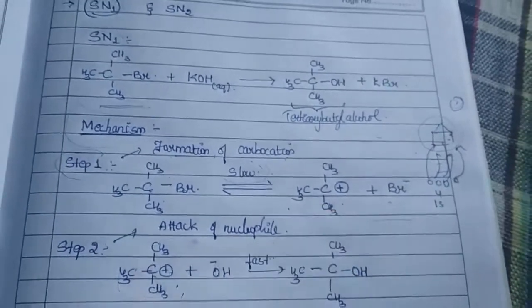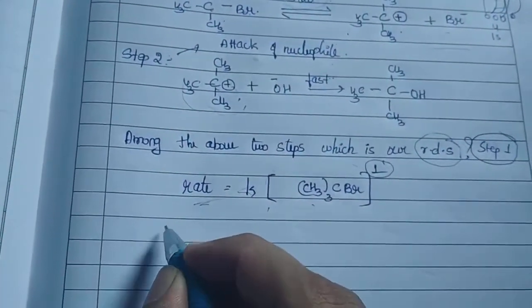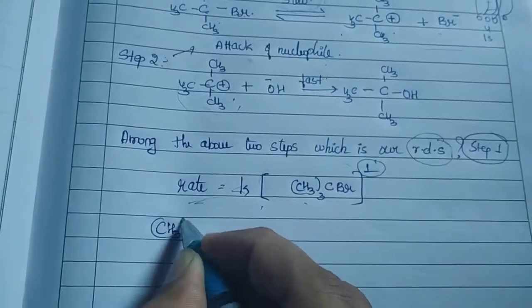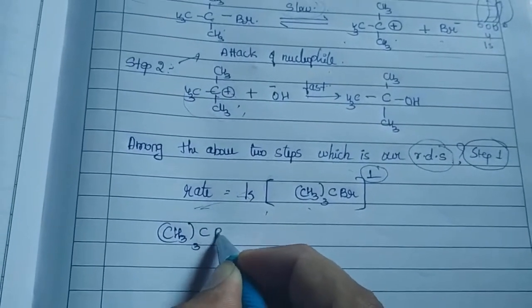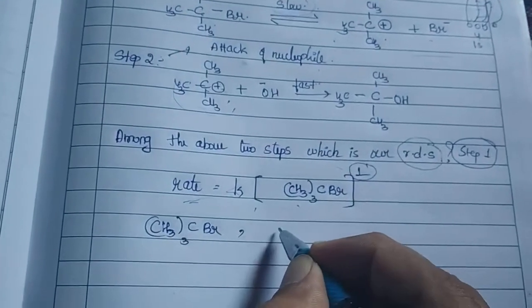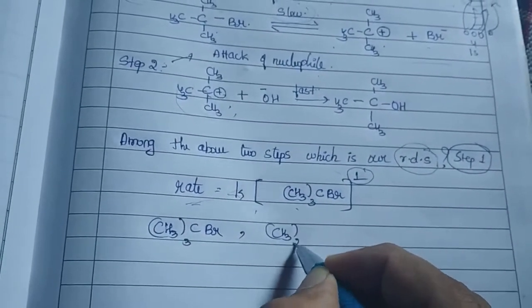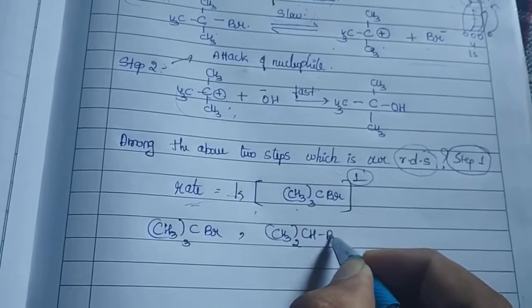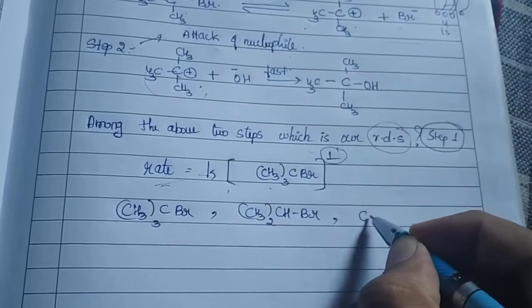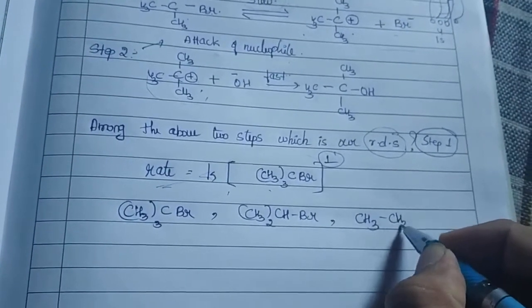So now the question arises, if I am having examples in this way: CH3C Br, then I'm having (CH3)2CH Br, and I'm also having CH3CH2Br.